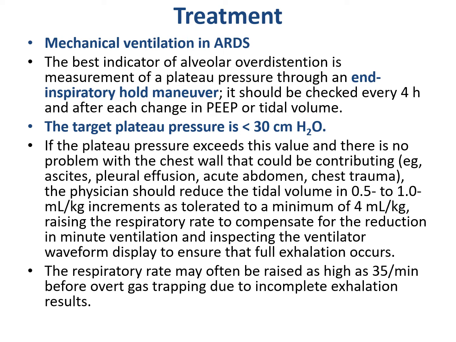If the plateau pressure exceeds this value and there is no problem with the chest wall that could be contributing, the physician should reduce the tidal volume in 0.5 to 1 milliliter per kilogram increments as tolerated to a minimum of 4 milliliters per kilogram, raising the respiratory rate to compensate for the reduction in minute ventilation and inspecting the ventilator waveform display to ensure that full exhalation occurs.